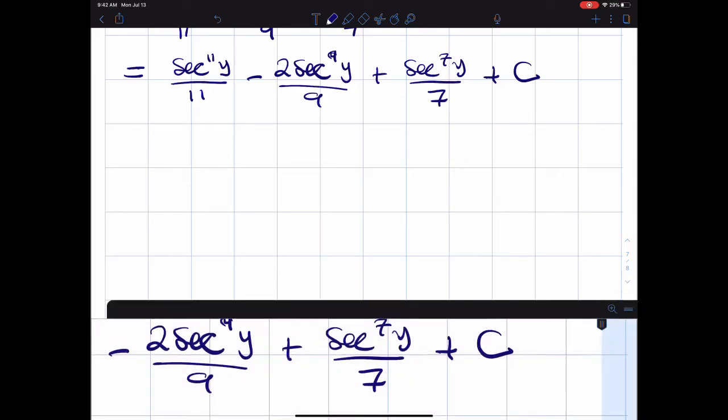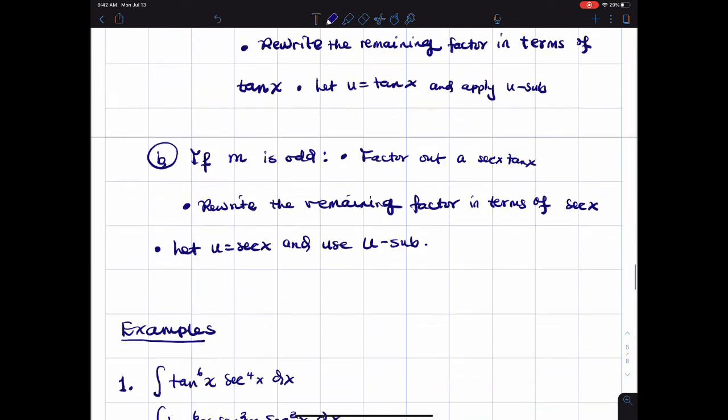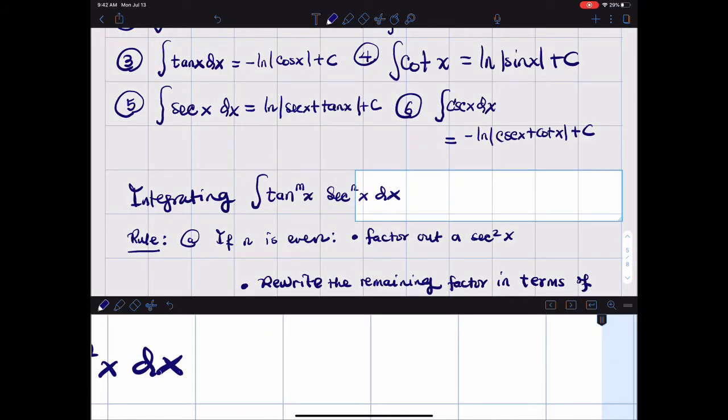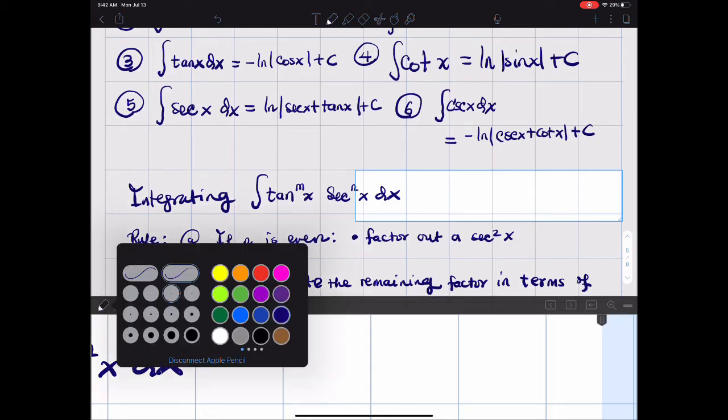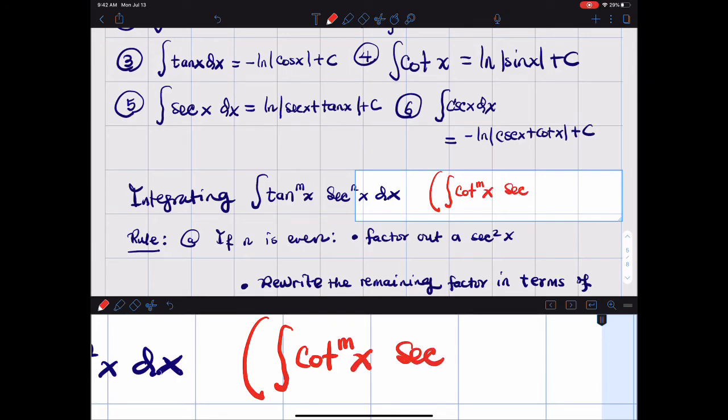We didn't talk about cosecant, but just like we talked about integrals of the form tangent mx secant to the nx, this same trick can be applied to integrals that have the form cotangent to the mx, secant x to the power of n.